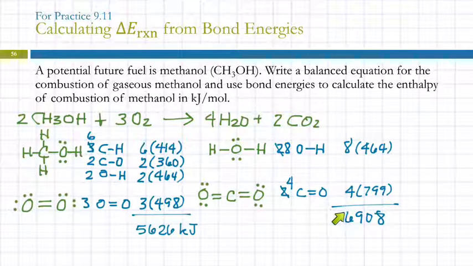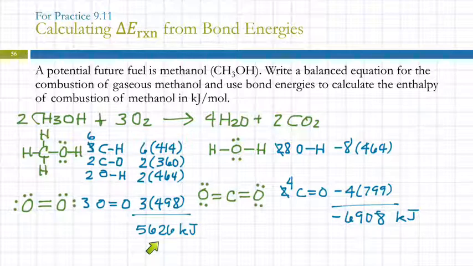These bonds are being formed. That releases energy. So these are all negative. They're releasing energy. So I'm just going to put negative signs here. So this is releasing 6908 kilojoules of energy. And this was requiring 5626. So you go to the consignment store and you're selling some jeans and t-shirts, and then you're buying a dress and a handbag and 3 pairs of shoes or something, right?